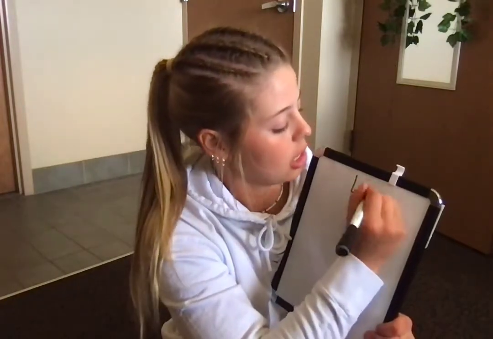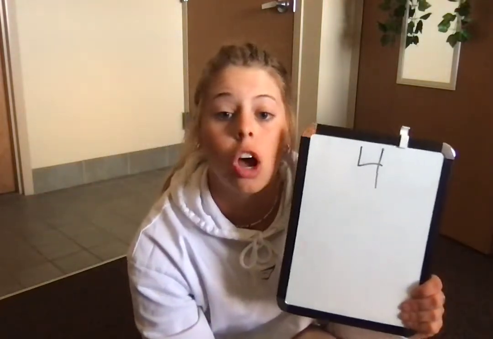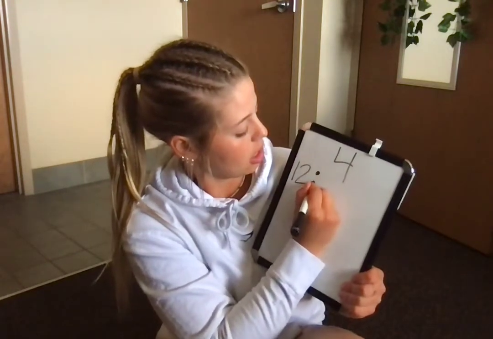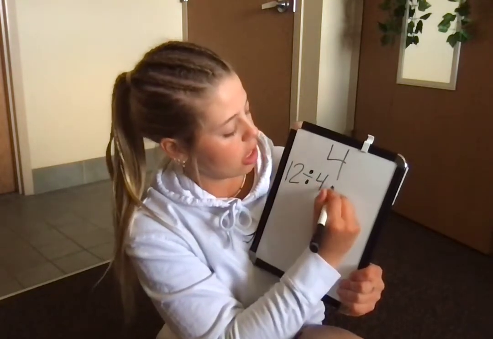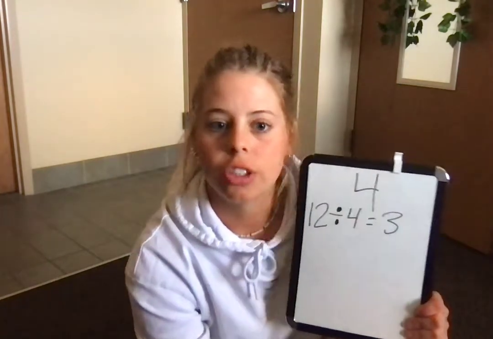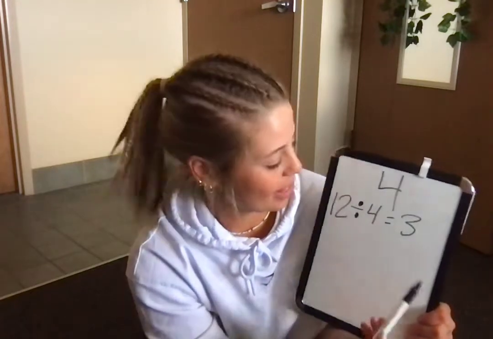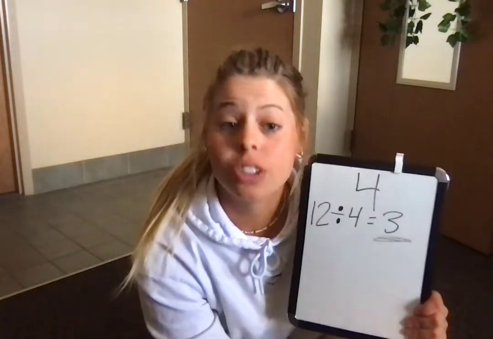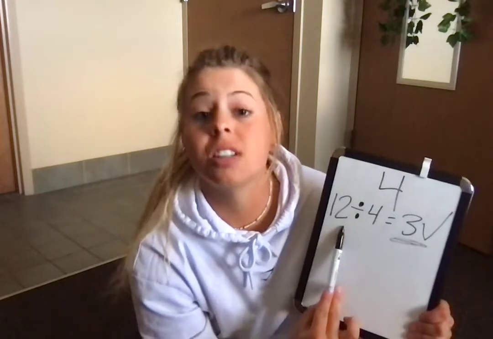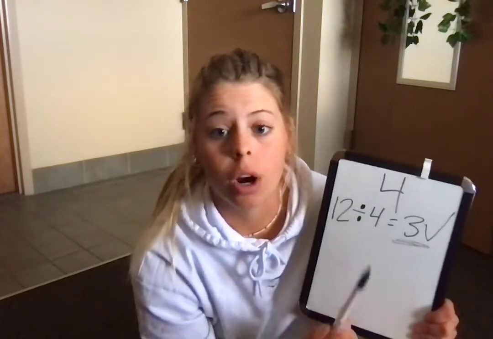So the next one is 4. So 12 divided by 4 equals 3. Wow, lots of my answers are 3. Sorry, did not mean to do that on purpose. 3 is a whole number, so yes, 12 is divisible by 4.